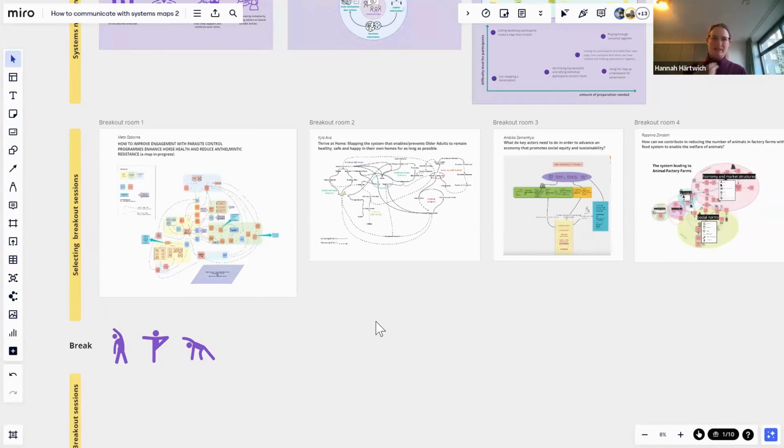Based on that, all of you here today can choose which of these maps you would like to hear more about. I will give you the ability to select yourself which breakout room you will go to. Just have a look if there's one that's already very full and another one where there are not so many people, and try to distribute yourselves a little bit.